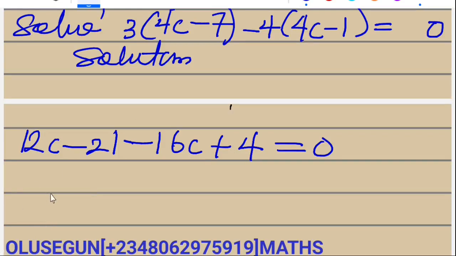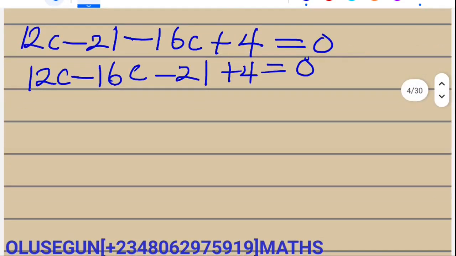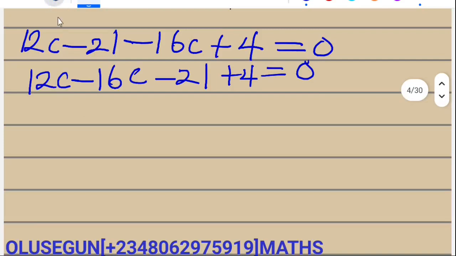So therefore, we have 12c minus 16c minus 21 plus 4 is equal to 0. Now, if you subtract 12c minus 16c, it will surely give us minus 4c.